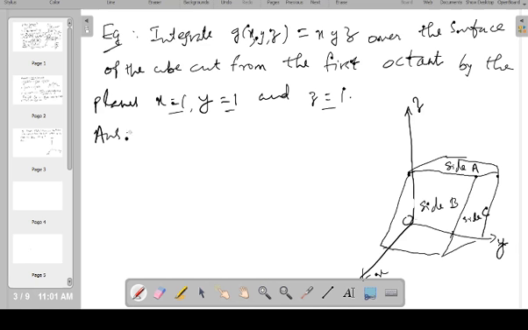So now you want to integrate the function g of x, y, z equal to x into y into z over the surface of the cube.